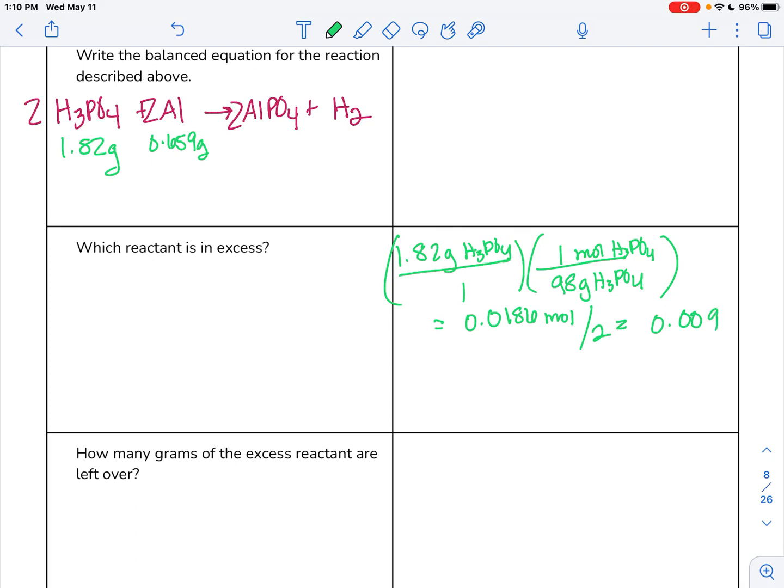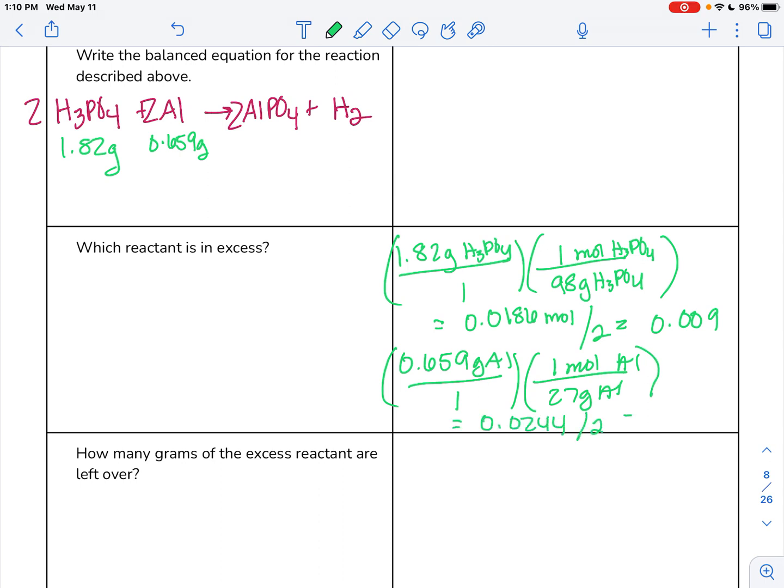I'm going to do the same thing for aluminum. And we get this. So then we compare these two numbers and see which one is lower for the limiting and higher for the excess.